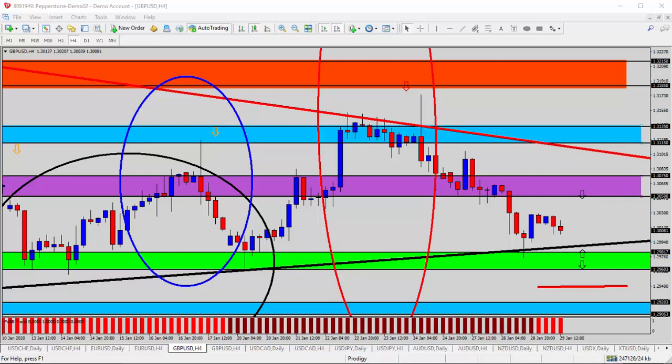We don't have any significant news coming up the rest of the day for the UK. Tomorrow, we do have significant news for the UK with monetary policy and interest rate info coming out. But today, the closer it gets to the green zone, I would not sell it or go short. I might consider a long opportunity, unless it just rallies back to the purple zone today for the pound dollar.